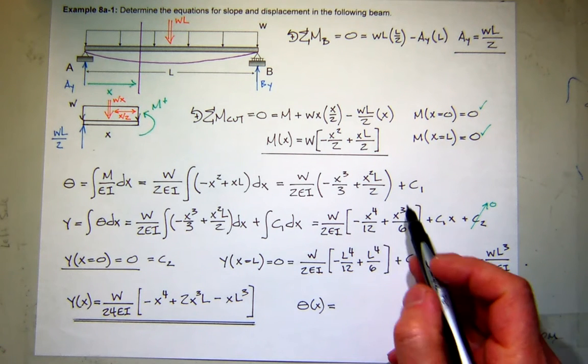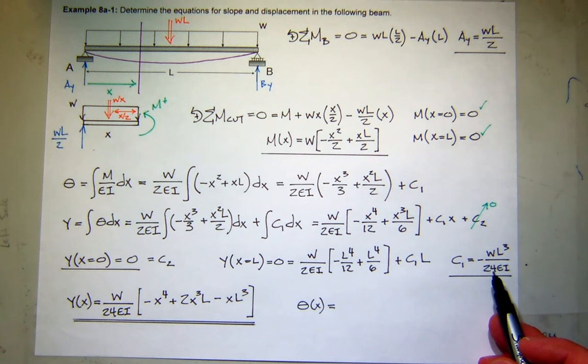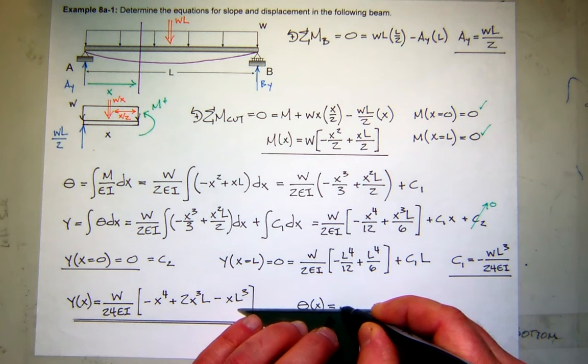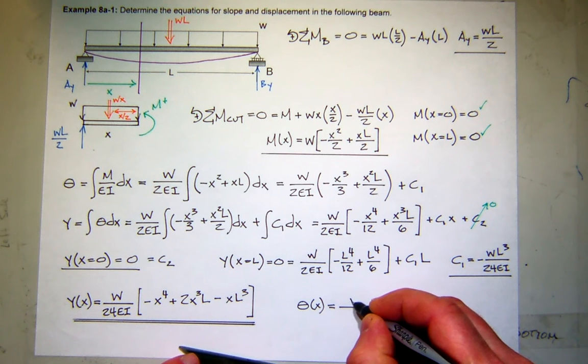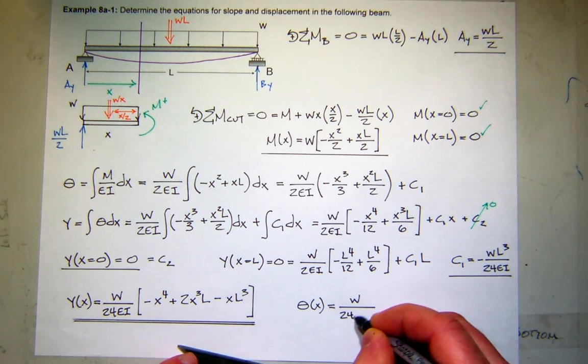If I go back up here and look at my slope equation, I'm going to pull out that 24 again. So I'm going to get W over 24 EI.